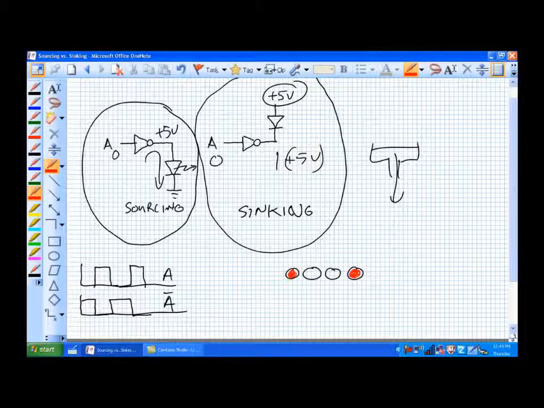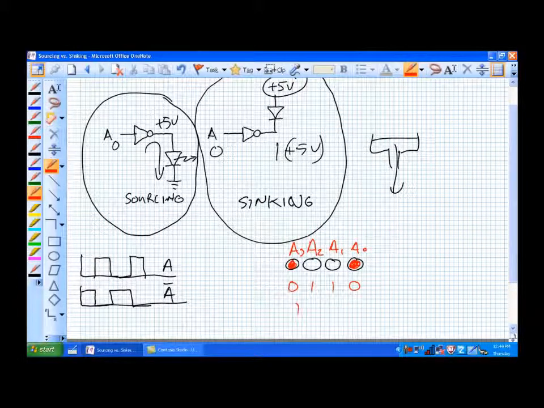Taking signal A, this would be A0, 1, 1, 0, where I'm doing A3, A2, A1, A0. But if I was using a sinking arrangement, that would be 1, 0, 0, 1.